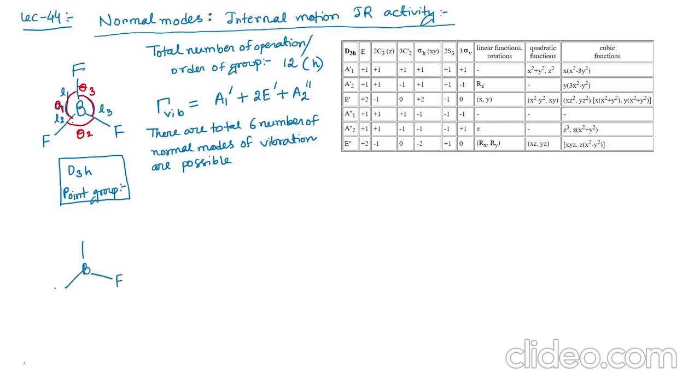Doming means out-of-plane vibration. Suppose this is going below the plane, that is why minus, and this will come above the plane. But remember, the point group is not going to change.